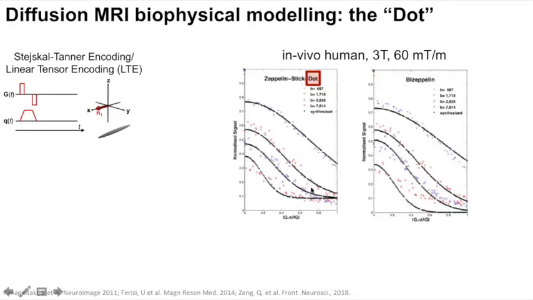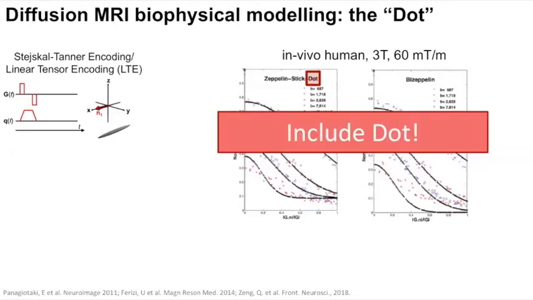The landmark of a dot compartment is that if you go to stronger gradients or higher B values, your signal starts to plateau. This was clearly observed in some of their data sets, and they found that including a dot compartment explained the data better than not including it. So they included a dot compartment in their biophysical modeling.